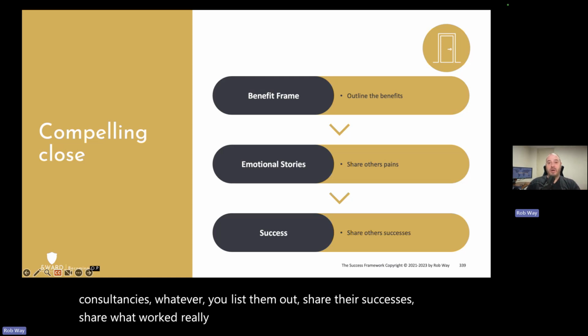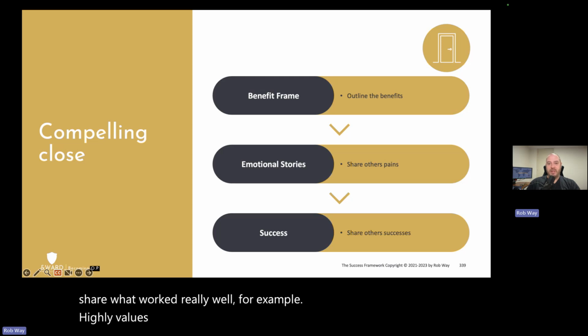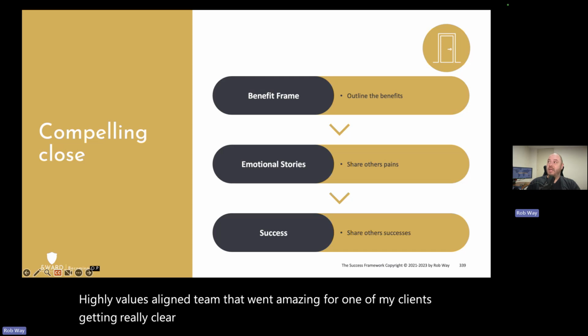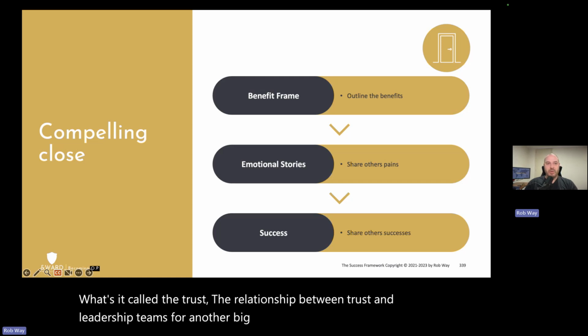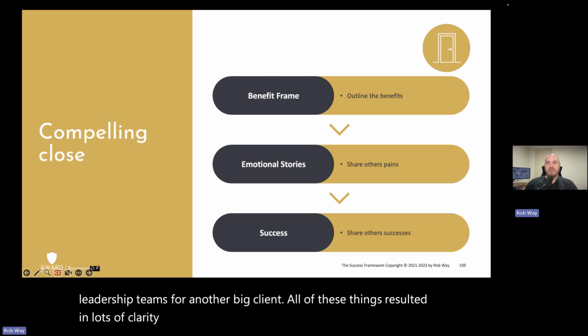For example, highly values aligned team, that went amazing for one of my clients. Getting really clear on the trust, the relationship between trust and leadership teams for another big client. All of these things resulted in lots of clarity and direction for the business.